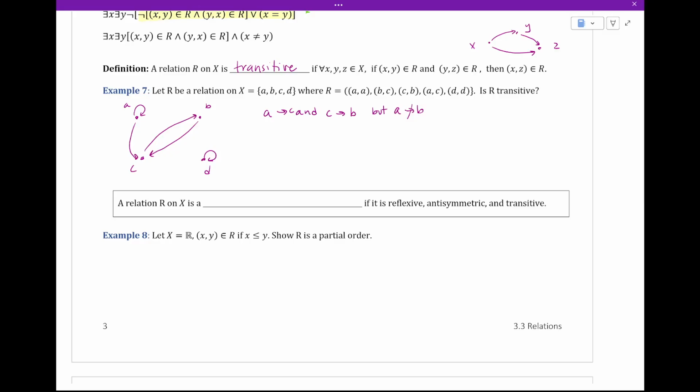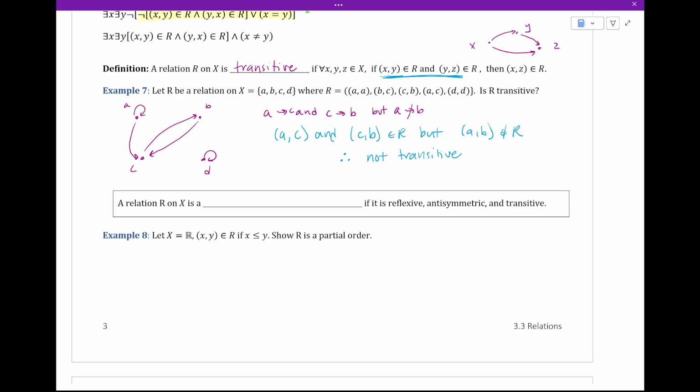So here I'm going to say something a little bit more formal. (a,c) and (c,b) are in R, but (a,b) is not in R. So here I'm saying this part is true, (a,c) and (c,b) are both in R, but (a,b) is not in R. So therefore, this is not transitive.